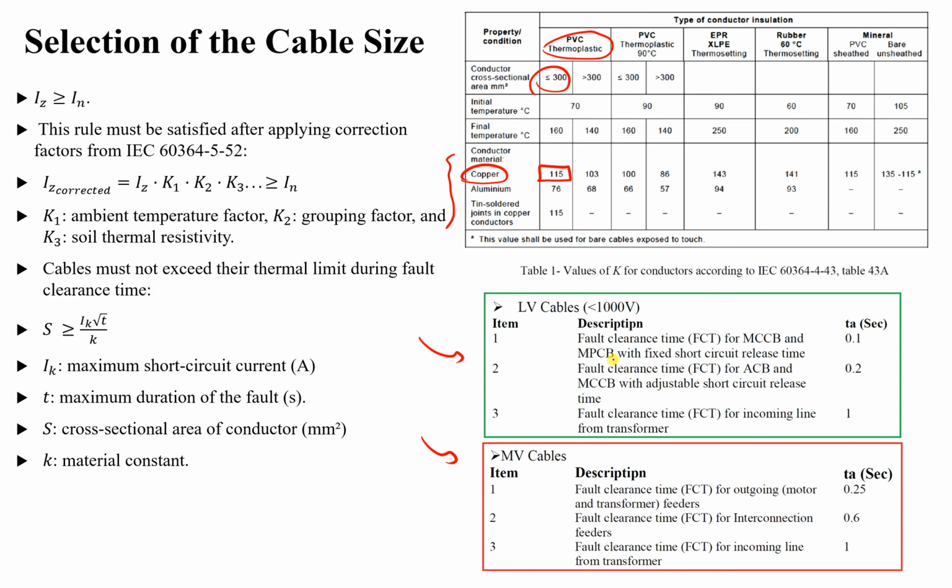If it is a molded case circuit breaker and motor protective circuit breaker with a fixed short circuit release time, then use 0.1 as the time. If it is an air circuit breaker with an adjustable short circuit release, use 0.2. If it is from a transformer, 1, and so on. So it is dependent. Usually you will find 0.1 is commonly used.